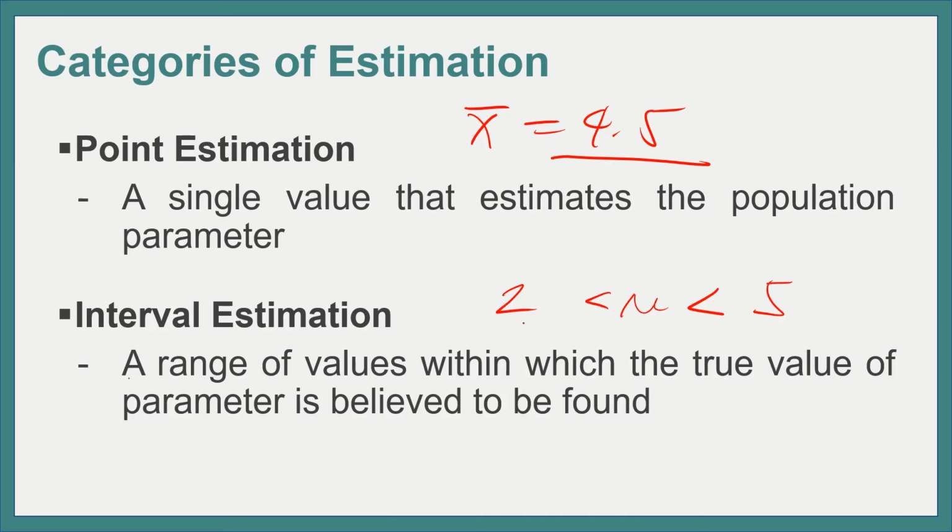Meaning the true population mean can be found within this interval of estimates. Later, we will learn how to perform point estimation and interval estimation and the difference between them.